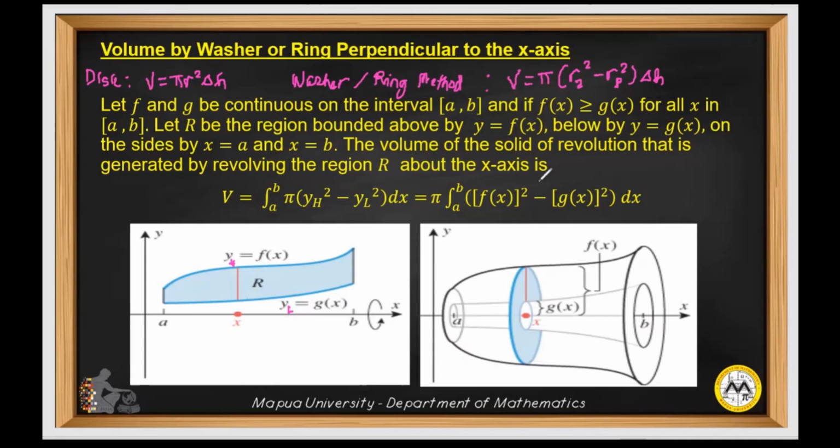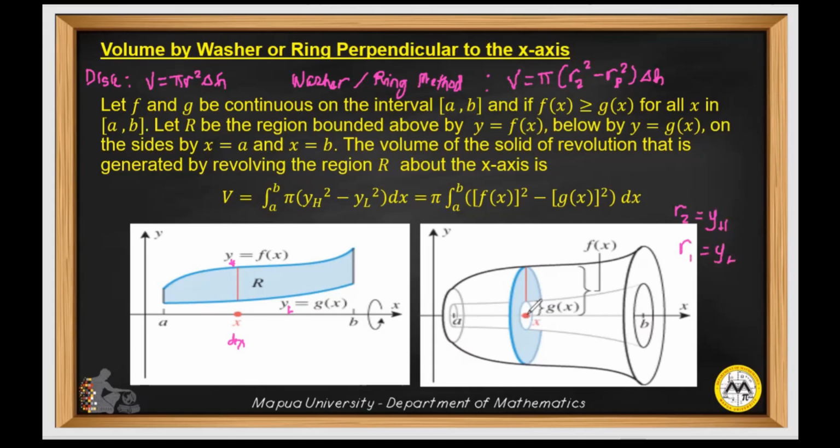The volume is based on pi times the quantity r2 squared minus r1 squared times the thickness, which is the differential dx, where the outer radius is equal to y_H and the inner radius is equal to y_L.